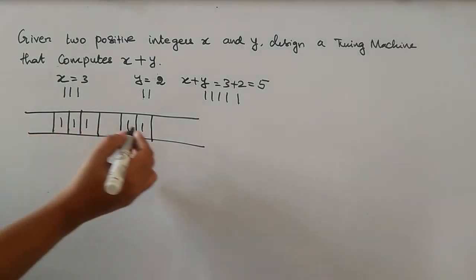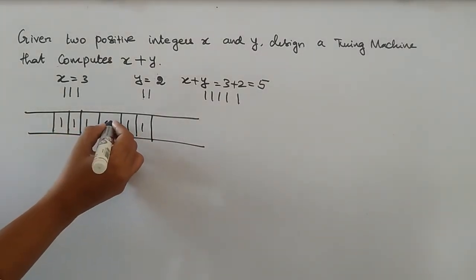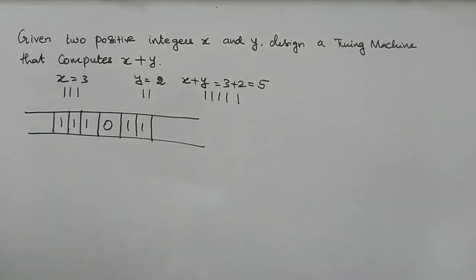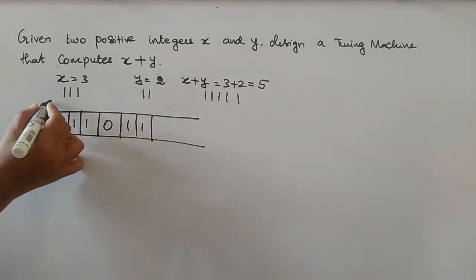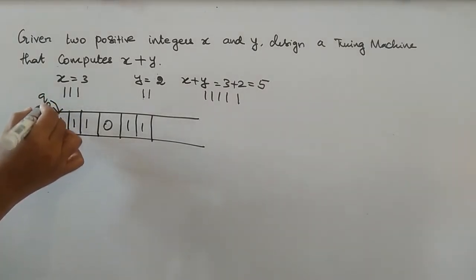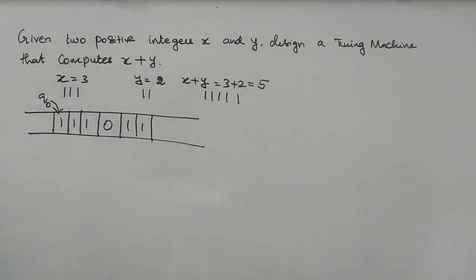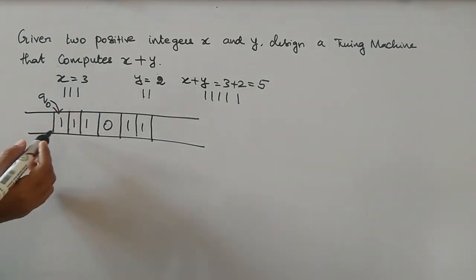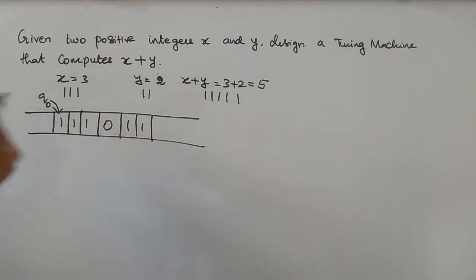The values of x and y must be separated by means of the digit 0. As usual, the read-write head is pointing to the first symbol in the tape, and the initial state is Q0.